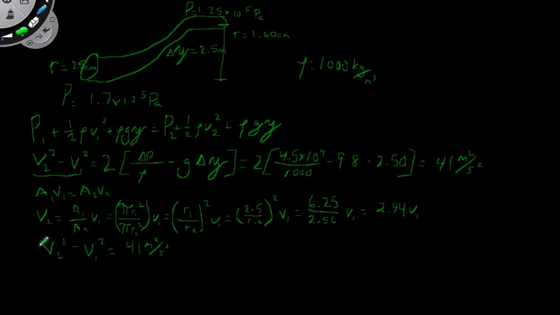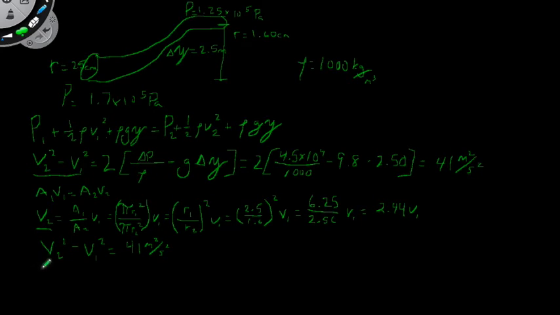So now for v2, since I know v2 is equal to 2.44 times v1, right? You get me on this one, kids? I can now take that and square it into this area. So what I'm actually going to be doing is I'm going to square the 2.44.